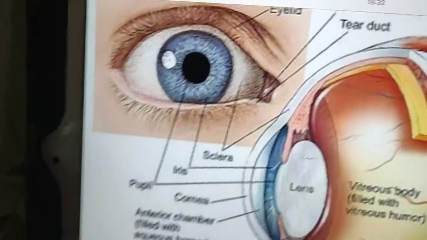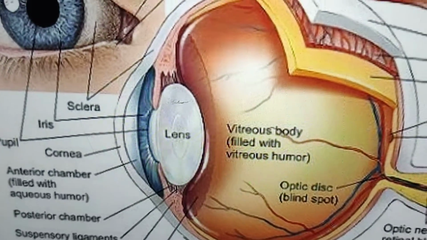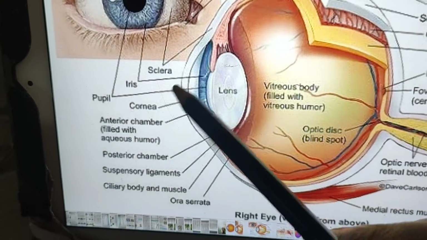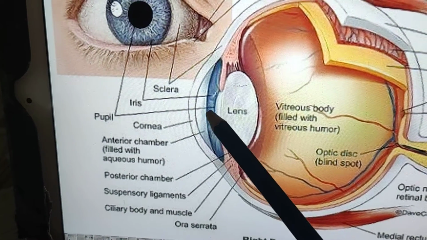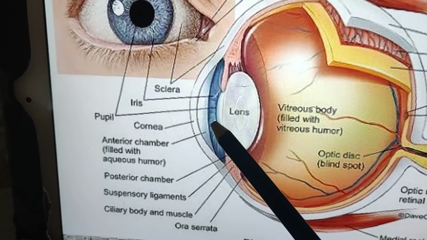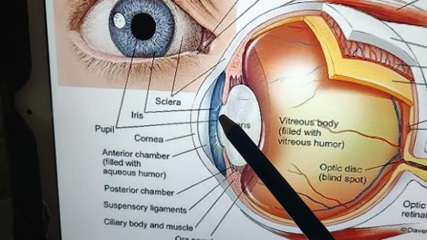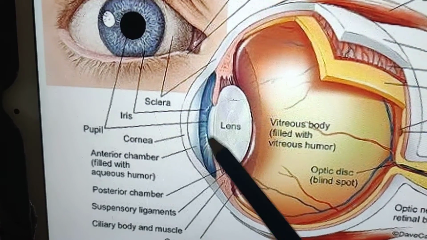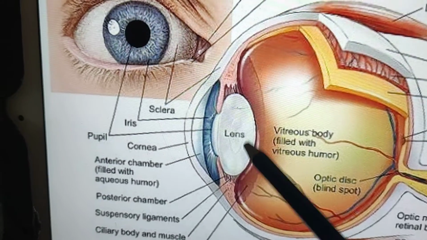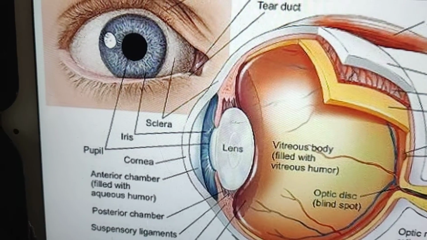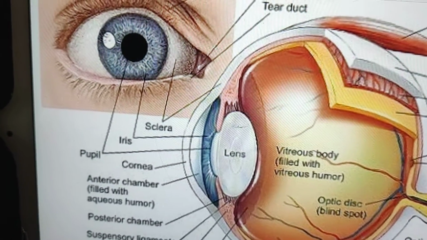Now we know the next part is lens. Okay, after this pigmented part is iris, and in the middle it is pupil, and then a lens. And the lens is a biconvex lens.